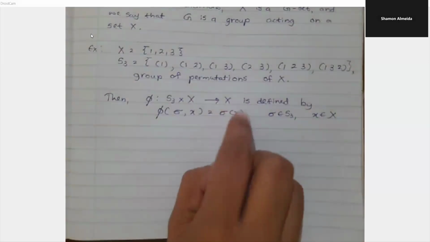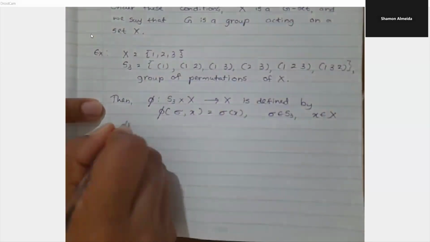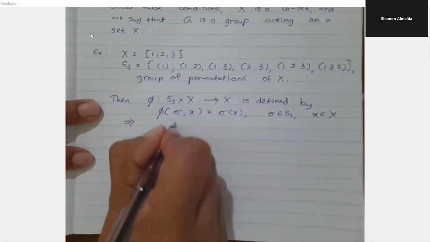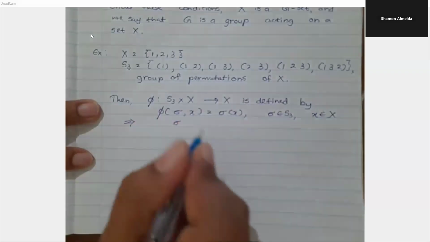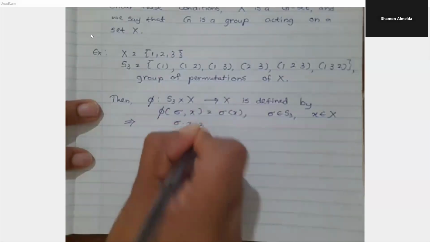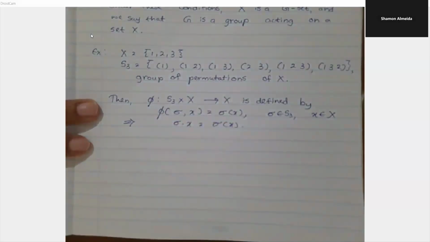So what we have over here is simply the function value at X. Now let's go to our usual notation. Instead of phi of sigma comma X, let's write sigma dot X equals sigma of X, right?